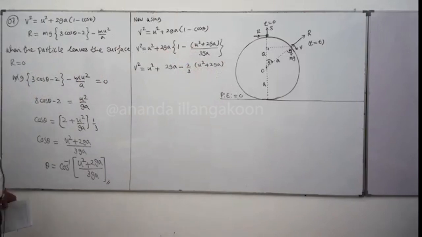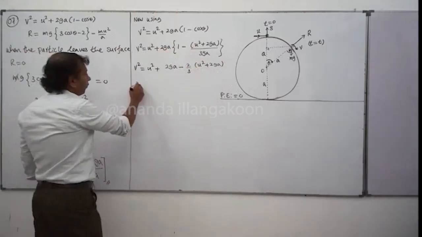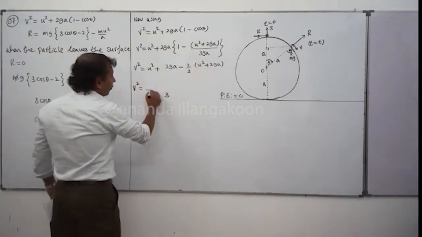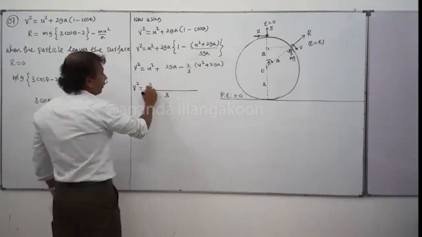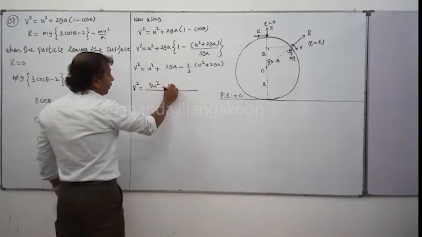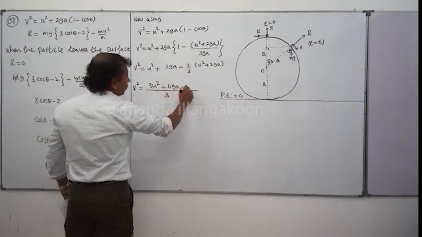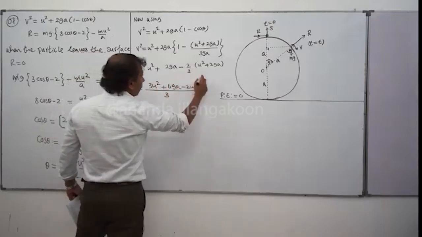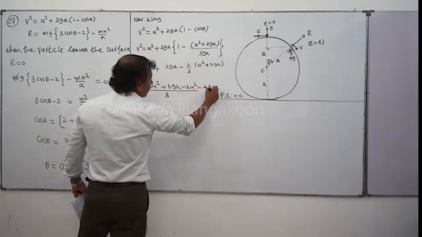Now we can take a common denominator as 3. Then this will be 3u squared, here 6ga. Remove the bracket: 2u squared and minus 4ga.